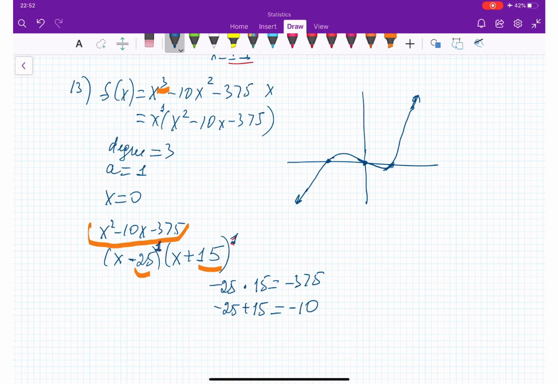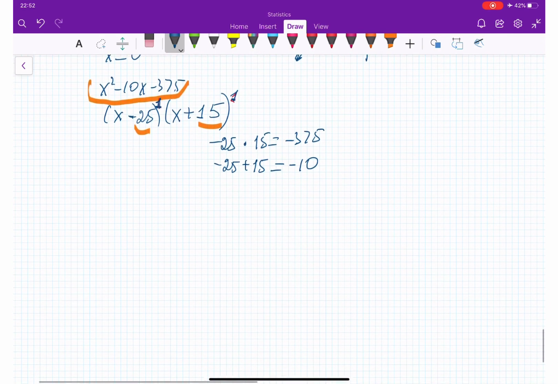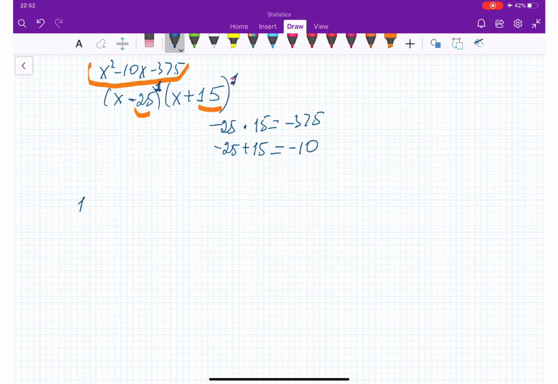Okay, moving to question number 14. For question number 14, f of x is equal to x cubed, x squared minus 1, and x minus 2.